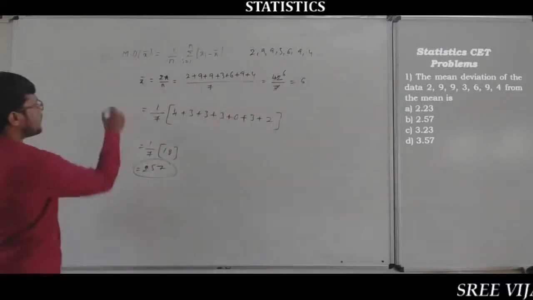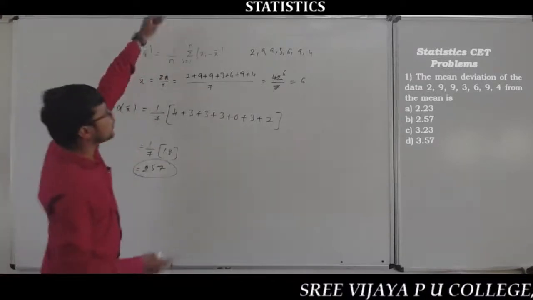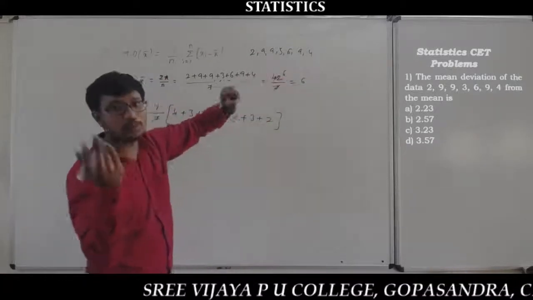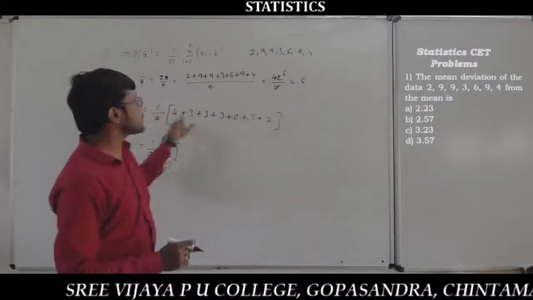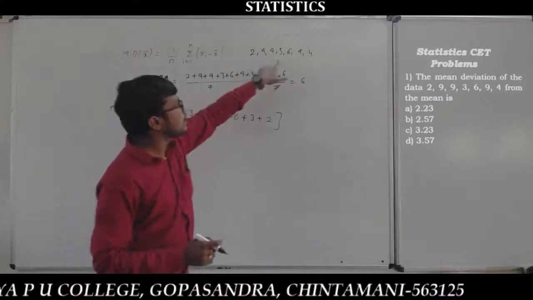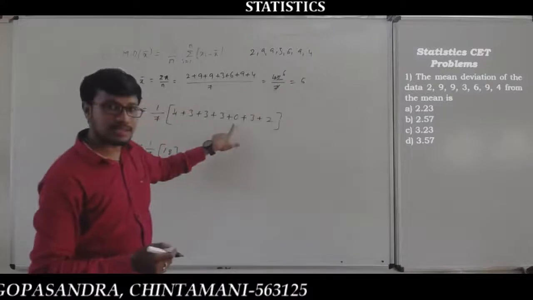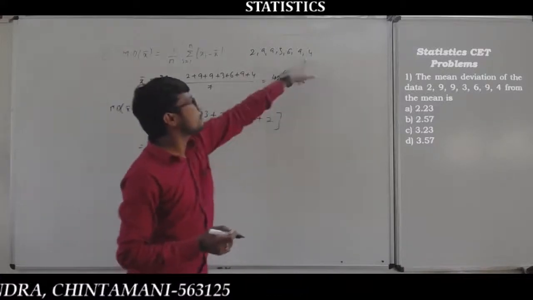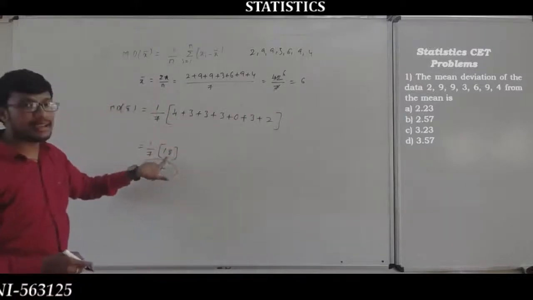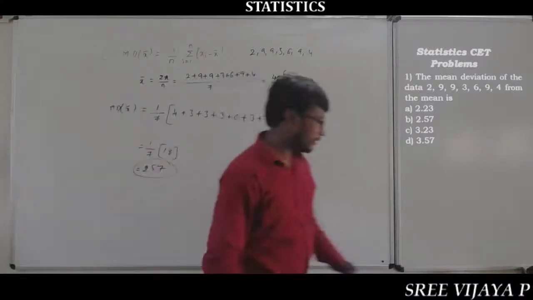To find the mean deviation about the mean x bar, that is 1 by 7 times, for each observation subtract the mean and take the modulus value. 2 minus 6 is minus 4, becomes plus 4. 9 minus 6 is plus 3. Again 9 minus 6 is plus 3. 3 minus 6 is minus 3, but modulus becomes plus 3. 6 minus 6 is 0. 9 minus 6 is 3. 4 minus 6 is minus 2, but modulus becomes plus 2. Adding all this, it is 18. 18 by 7 is 2.57. It is option B. Okay? Next one.